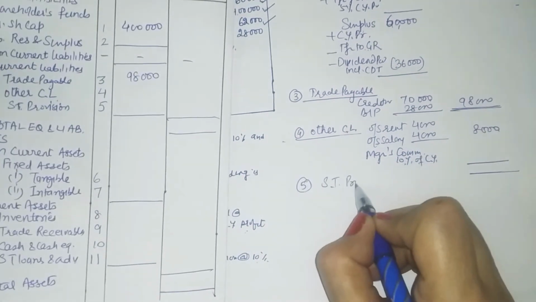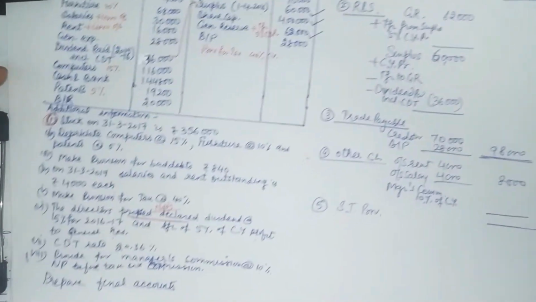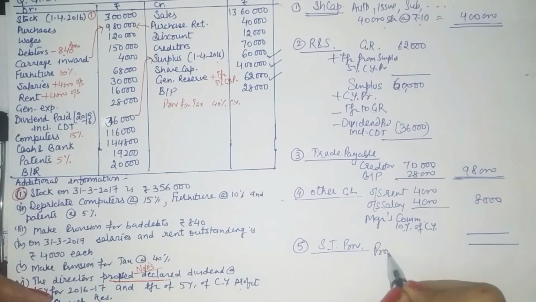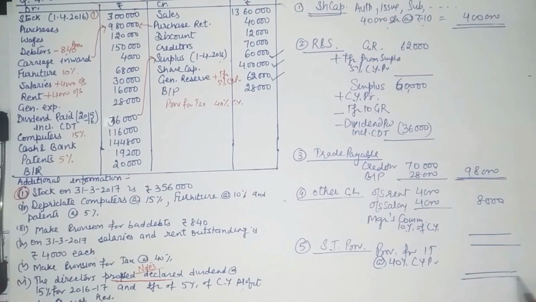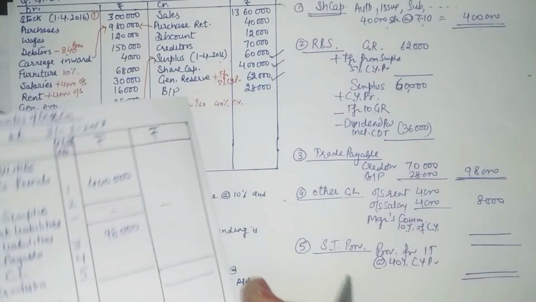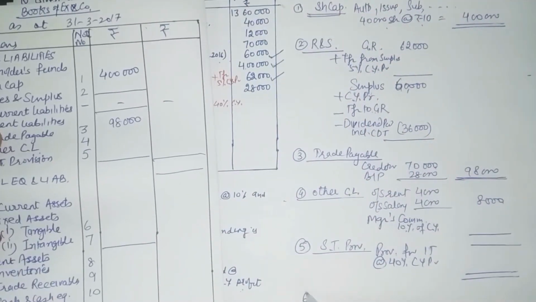Now short-term provisions, we do not have any provision here in the question, but we know that we are to provide for tax. So short-term provision will include provision for income tax, which is to be given at the rate of 40% of current year profits. Again, this is not yet available because something is based on profit, which we will be doing once we are done with this. Okay, so leave it for the time being.